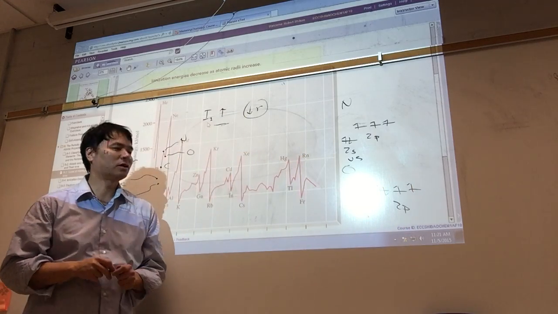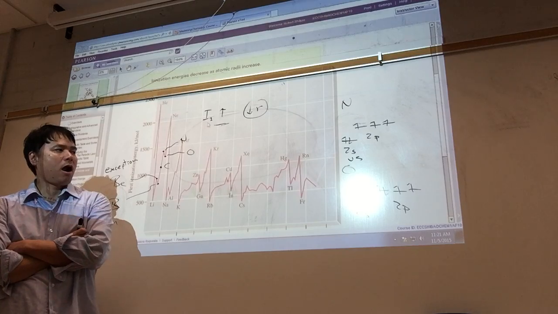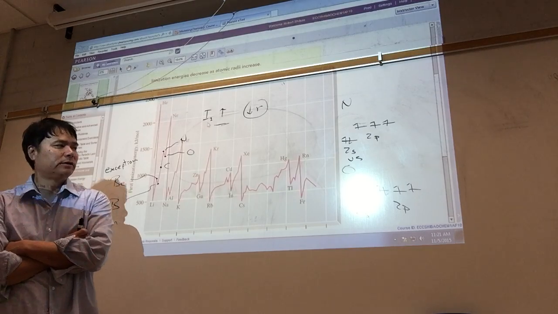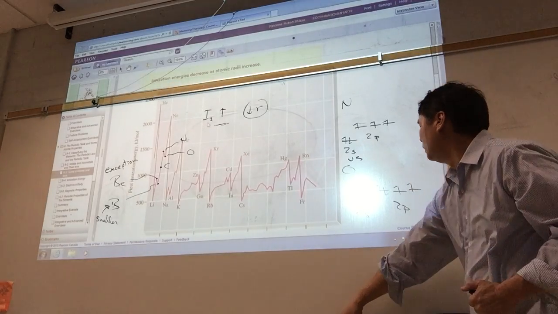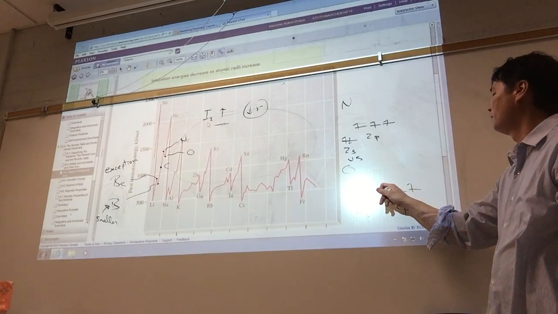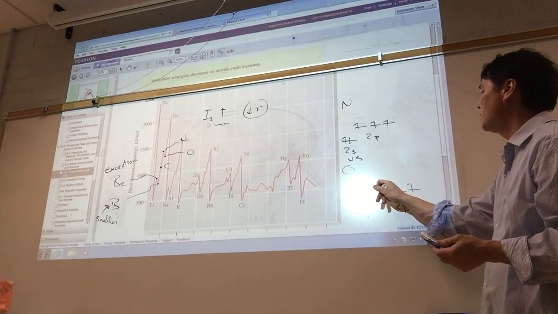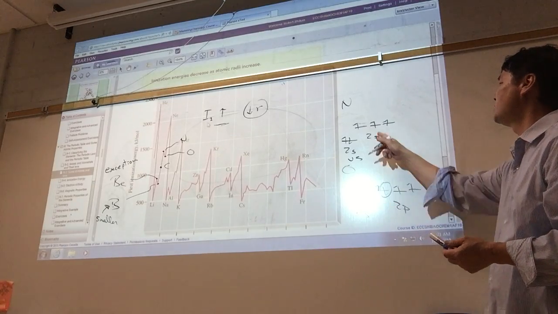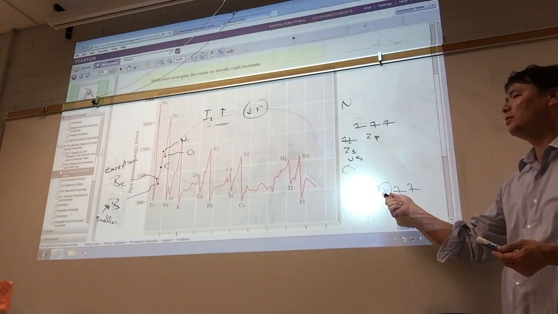Which 2p electron do you think will be removed? We're going to take this one here.